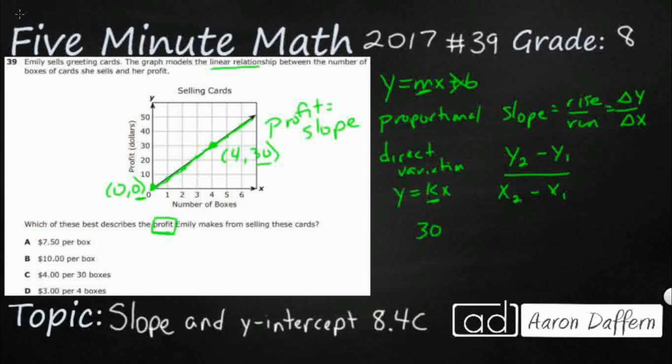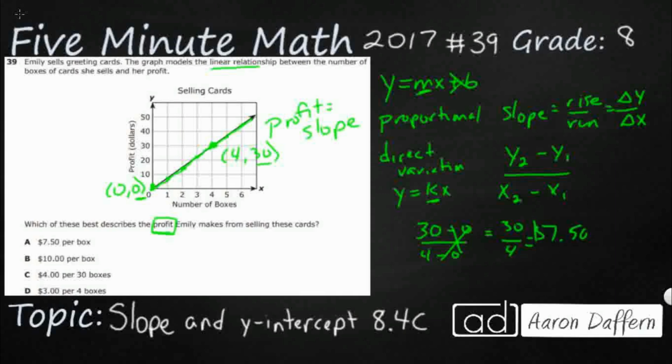So let's take our y coordinates. That's going to be 30 minus 0, which obviously is just 30. And then 4 minus 0, which obviously is just 4. So that's a great thing about using the origin. You can just take an x, y coordinate, put the y on top, and you have your slope. 30 over 4 is 7.50.